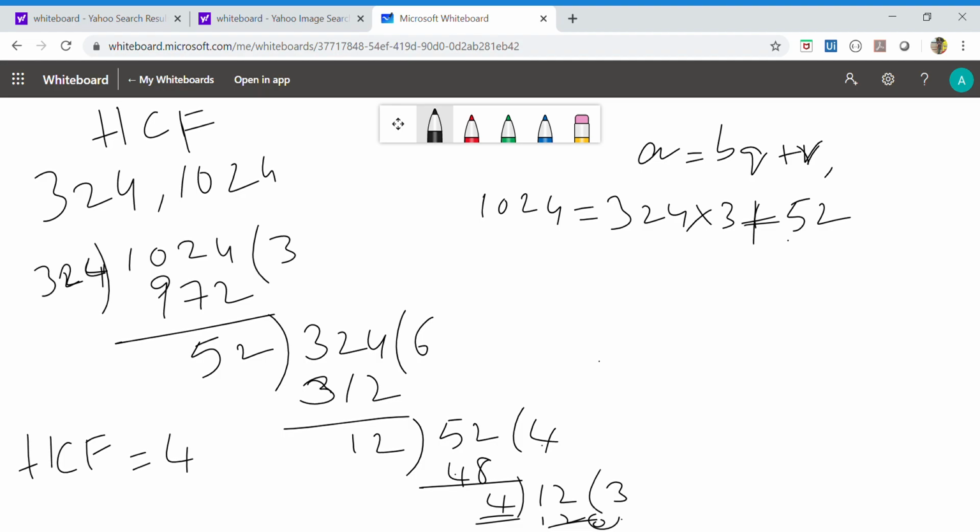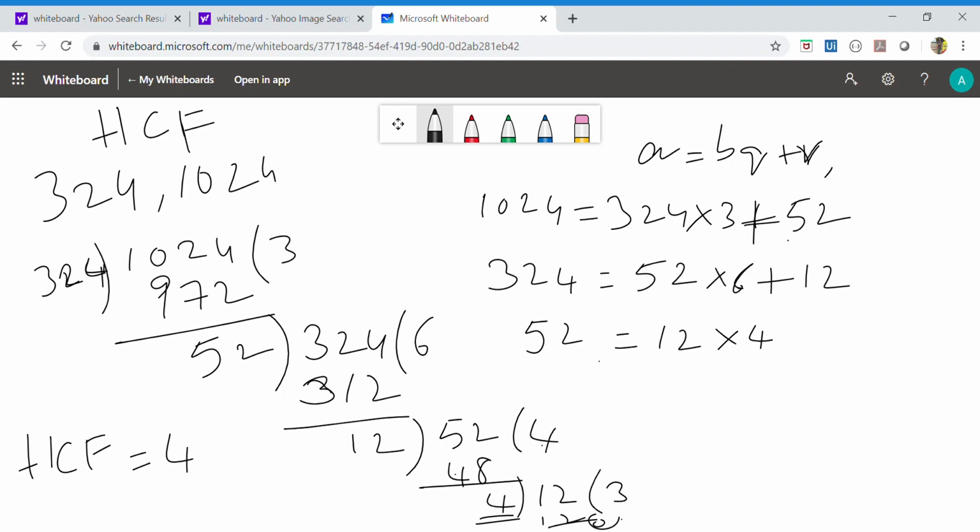And again 324 can be written as 52 into 6 plus 12 as the remainder, and 52 can be written as 12 into 4 plus 4 as the remainder, and next 12 can be written as 4 into 3 plus 0 as the remainder.